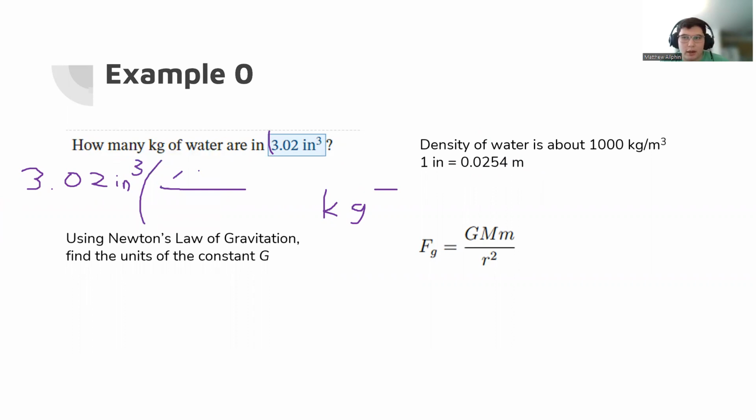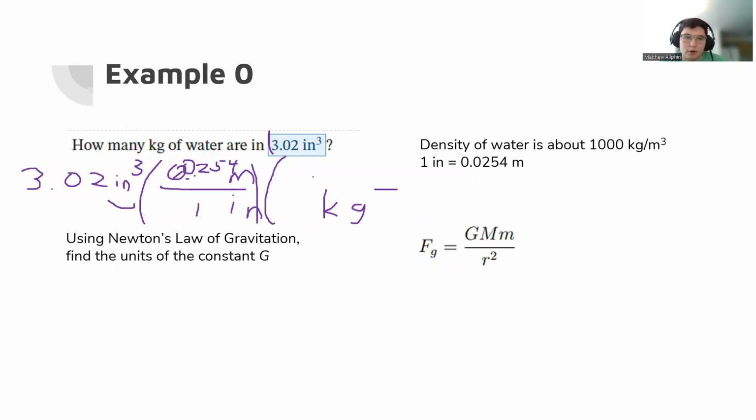And so I'm going to convert from inches to meters because that's going to be more useful to me. So I know that inches are on the top in this unit here. So I'm going to go to the bottom and put inches on the bottom, and then just put how many meters. So I want to go to meters on top, and it's 0.0254 meters over 1 inch to convert to meters.